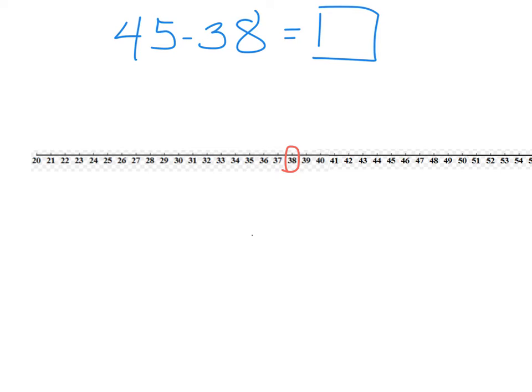We can count to 40, a 10 number, and that would be plus 2, 1, 2. And then we will continue to 45. And as you can see, that would be 1, 2, 3, 4, 5.